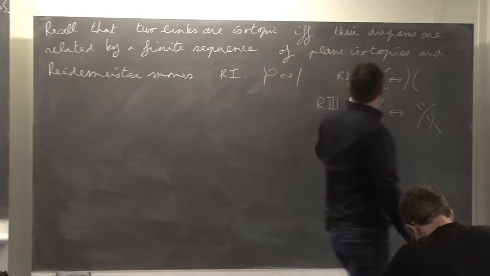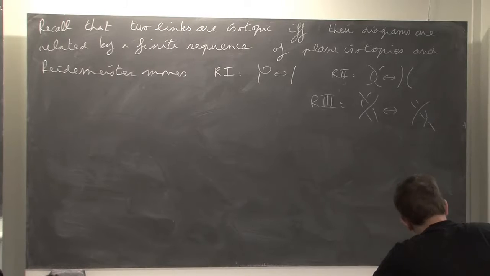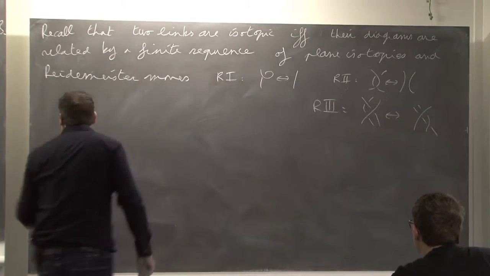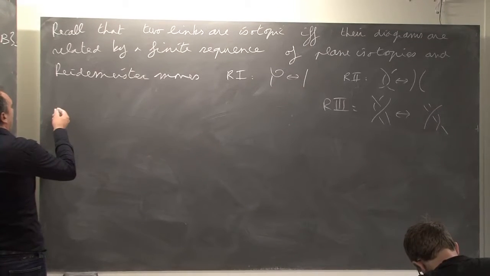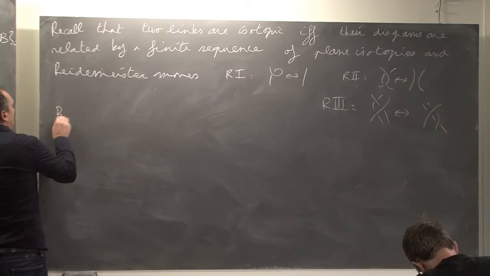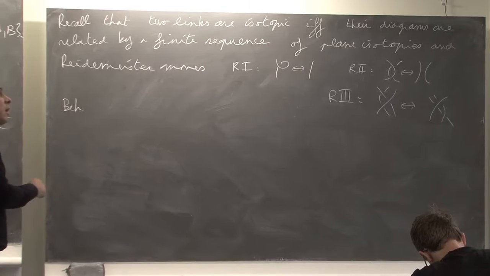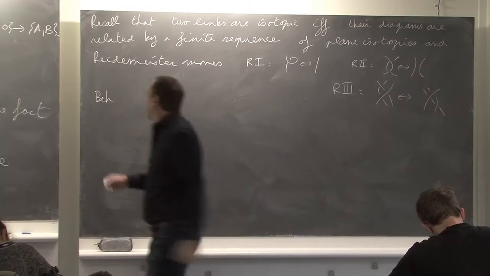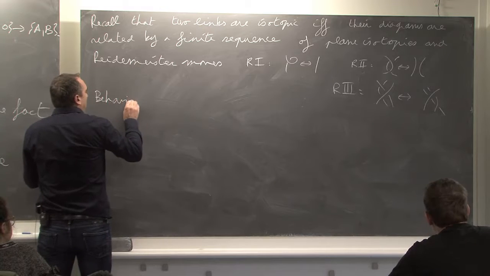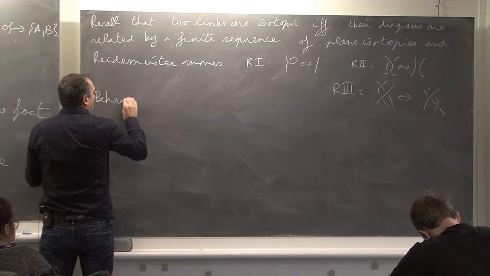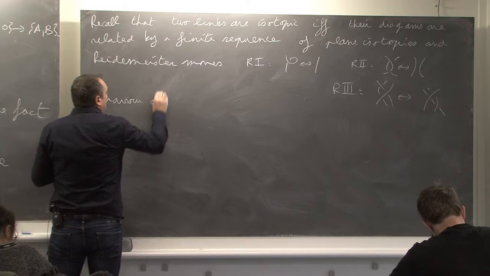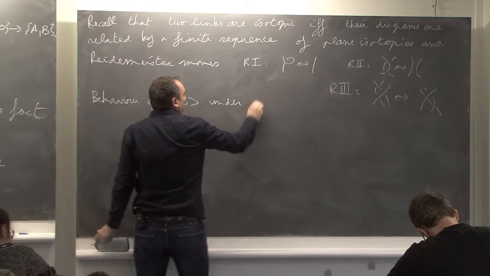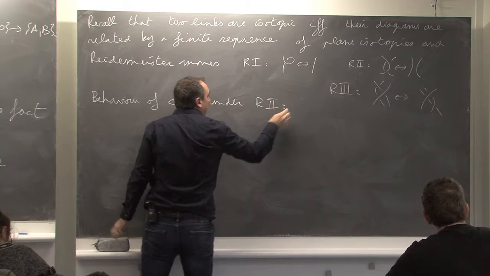So we need to look at its behavior under these Reidemeister moves. So let us investigate further move 2, the behavior of D under Reidemeister move 2.